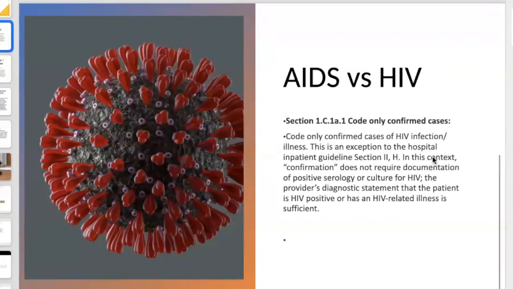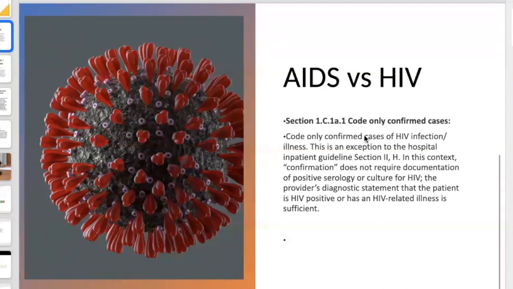This is an exception to the hospital inpatient guidelines, Section 2H. In this context, confirmation does not require documentation of positive serology or culture for HIV. The provider's diagnostic statement that the patient is HIV positive or has an HIV-related illness is sufficient. Too wordy, right? Too long of a narrative, but what does this really mean?